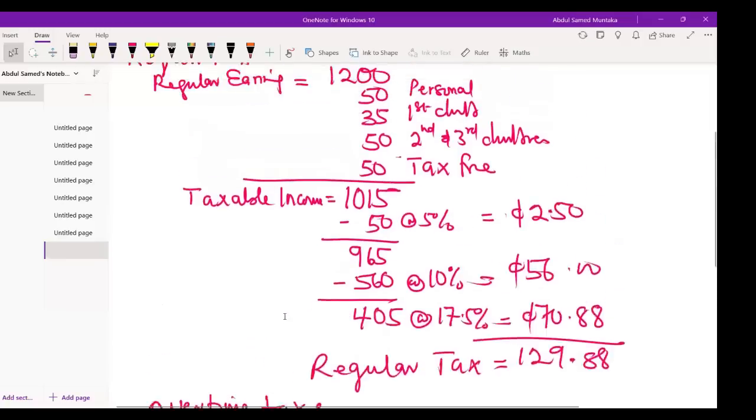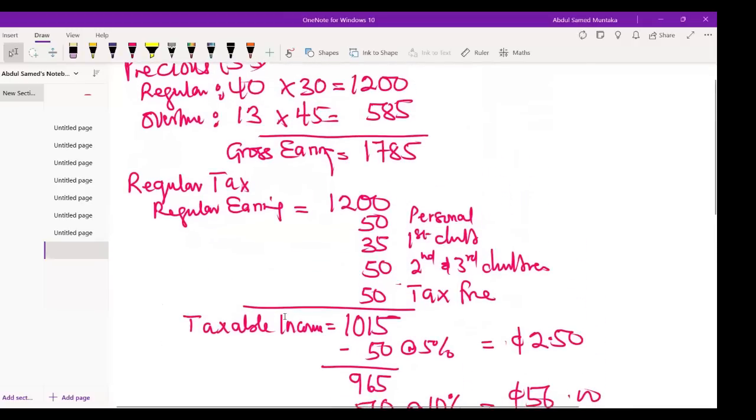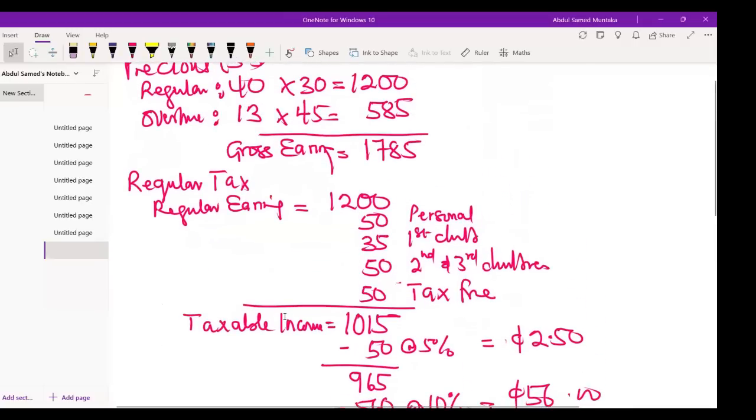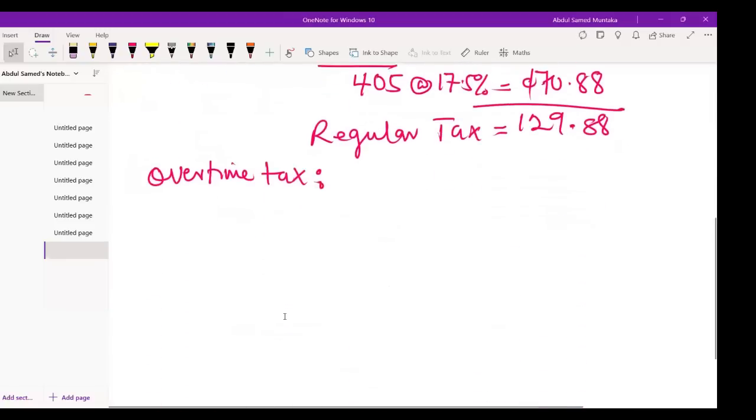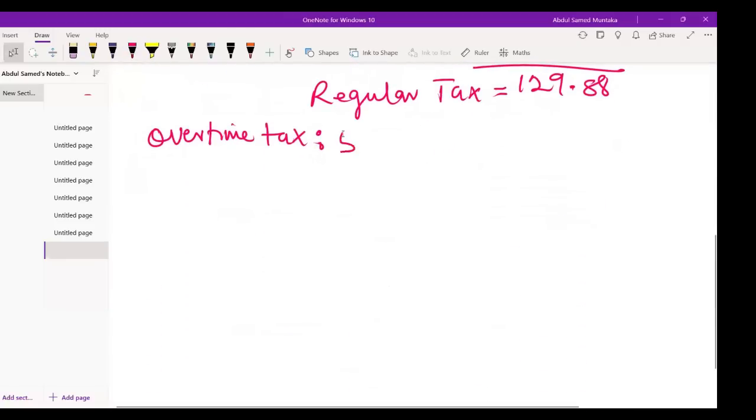How much was his overtime income? 585. You can see it there. This was the overtime income, 585. Overtime is taxed at what? 10% flat. That will give us 58.5.